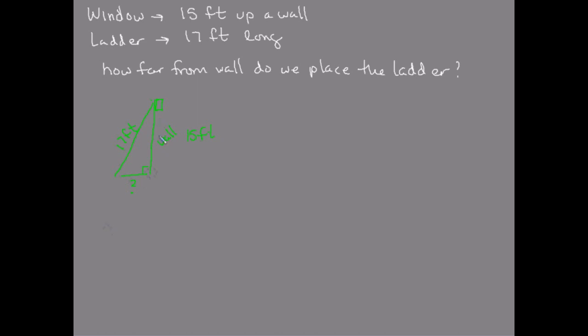Well, that makes a right triangle. The wall and the ground shall be at 90-degree angles to each other. So we call this A, we call this B, we call this C, and we say a squared plus b squared equals c squared. So 15 squared plus b squared equals 17 squared.